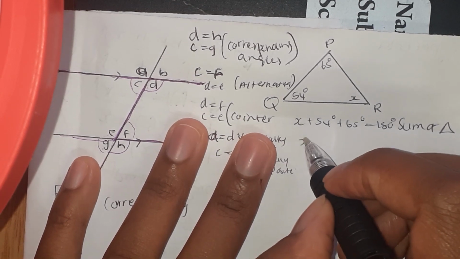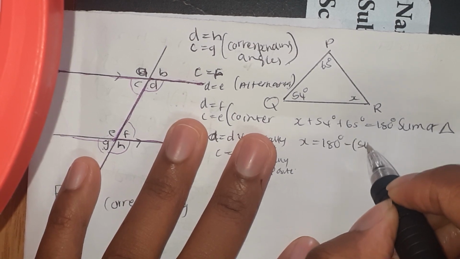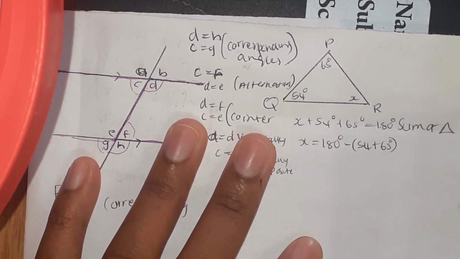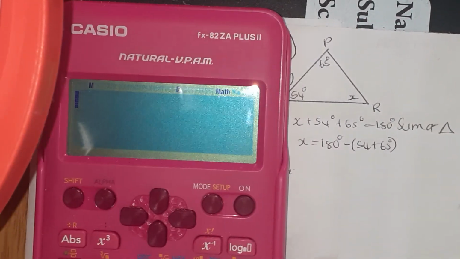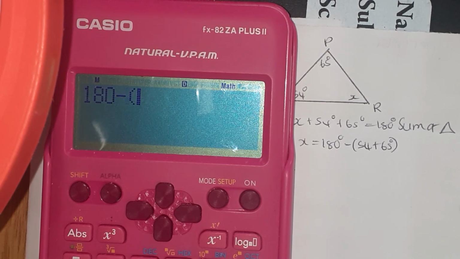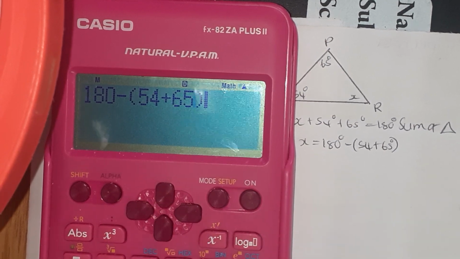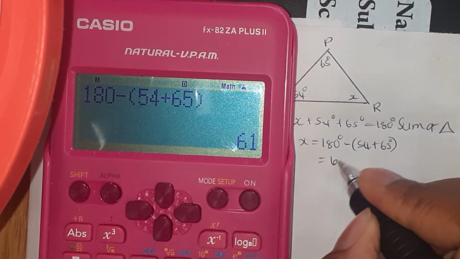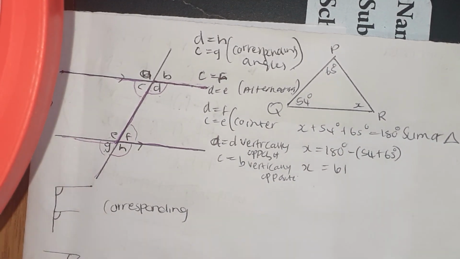And then you say x equals 180 degrees minus (54 plus 65) degrees. Now you put that into the calculator, 180 minus (54 plus 65), sorry, let's close this bracket. And then you get 61. So which means x equals 61.